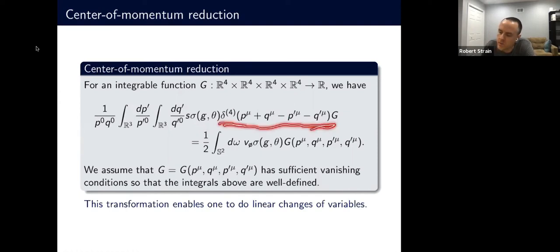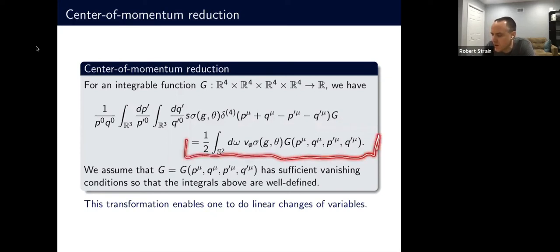So this is actually 4 delta functions of these quantities, and there are 4 different linear equations in here. And then you have this function g, which is a function of all the variables. Then you can reduce this to an integral over d omega of v, the molar velocity v theta times sigma times g of these variables.